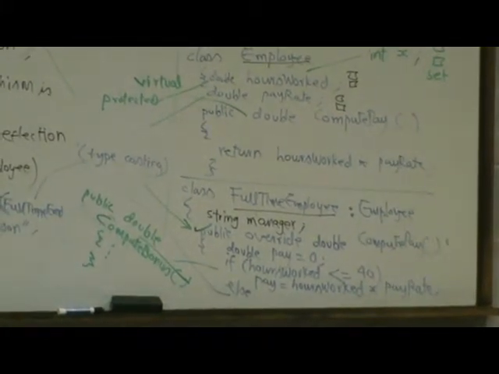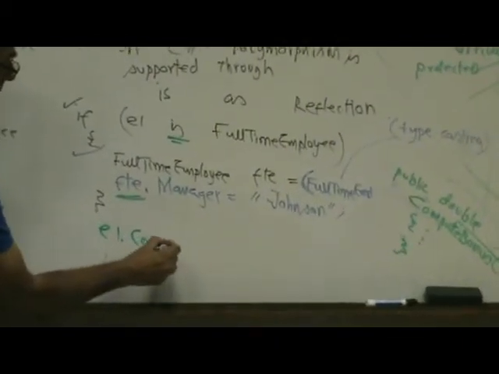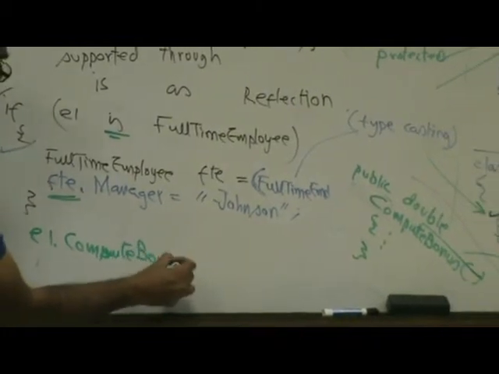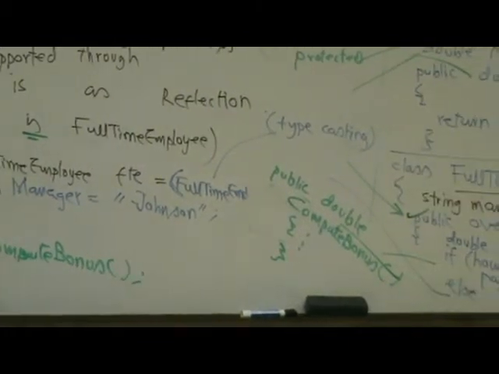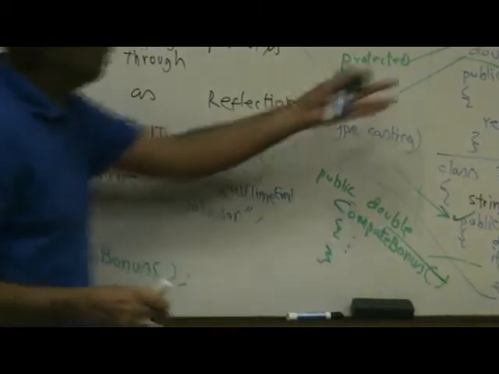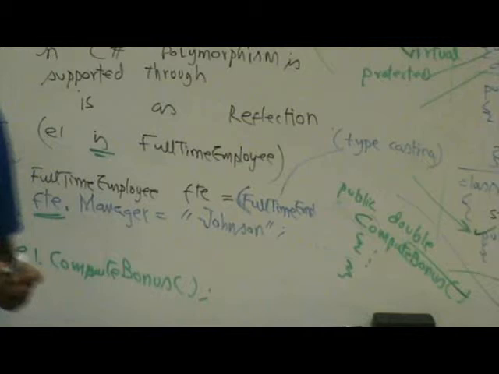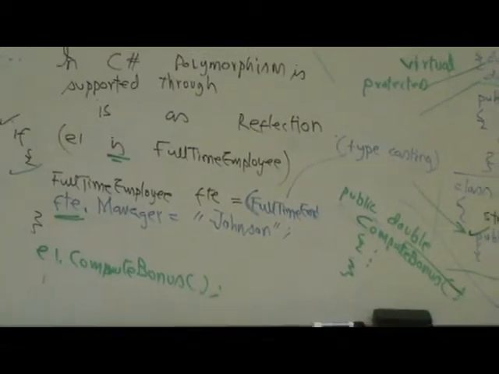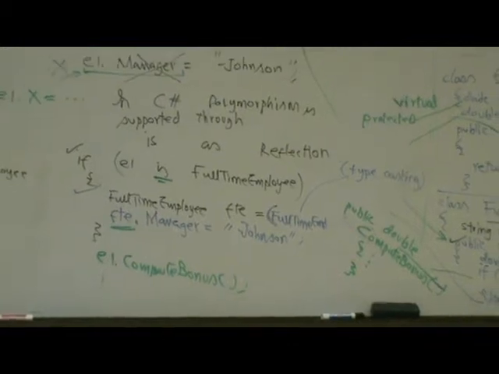Again, through E1. If you try to do E1 dot compute bonus, will the compiler let you succeed? No. So again, why? Because the compiler goes by what is E1. E1 is employee, and there is no compute bonus over here. So again, we can either use the is operator, as operator, or reflection.